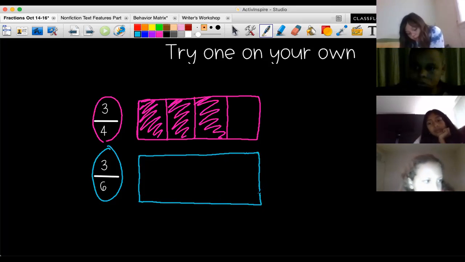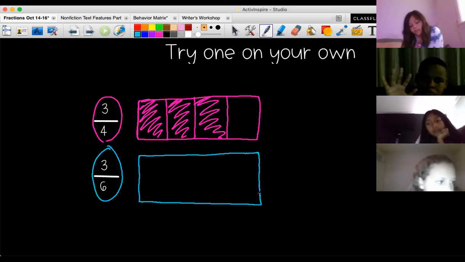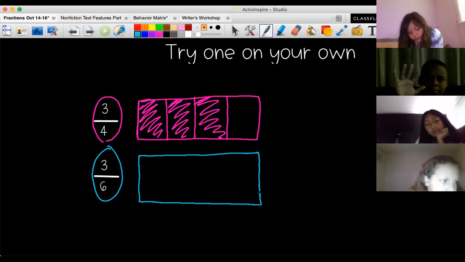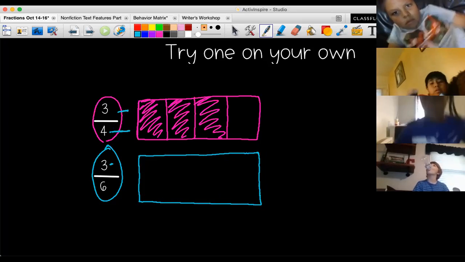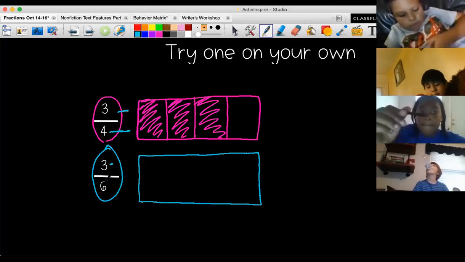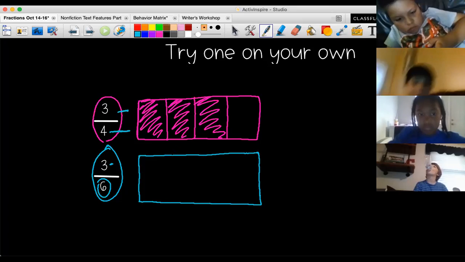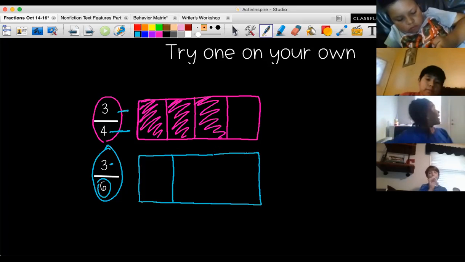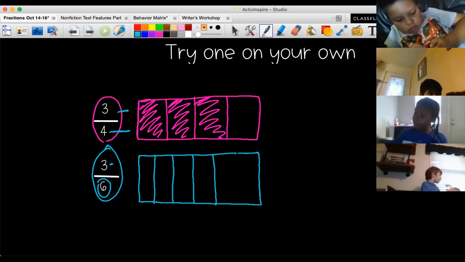And how many equal pieces am I going to divide this into? 3. Not 3. That's my numerator, so that's how many I'm going to shade in. See how I shaded in 3 at the top? How many equal pieces did I divide mine into on the top? 4. Yep, so down here, my denominator is 6. How many equal pieces am I going to divide it into? 6, good job. And then I just told you, but I'm going to ask you again, how many am I going to shade in? 3.